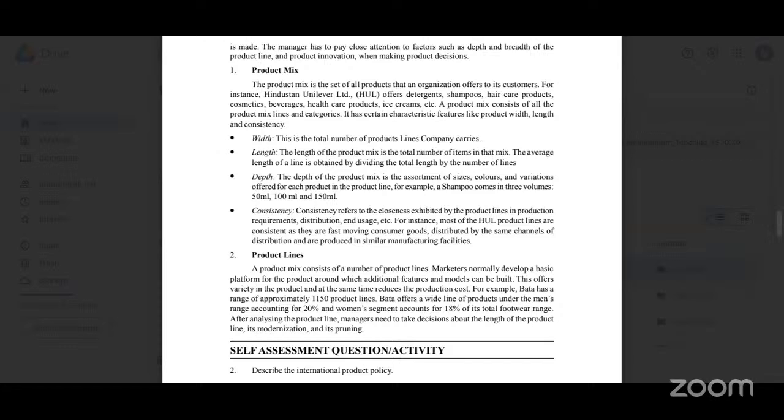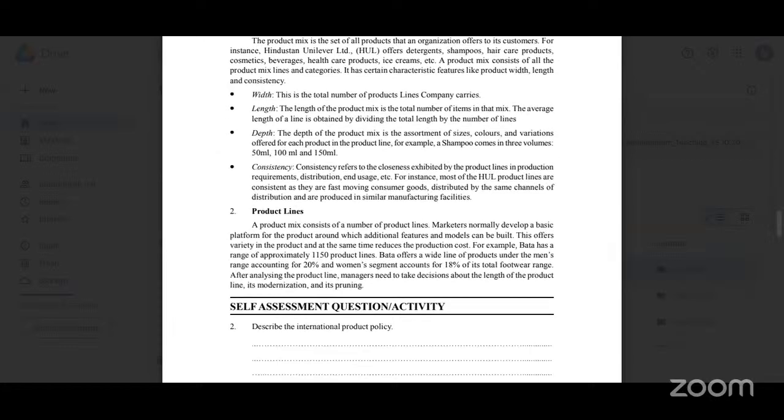The next one is in terms of consistency. Consistency refers to the closeness exhibited by the product lines in production requirements, distribution, end usage, etc. HUL product lines are consistent as they are fast moving consumer goods or FMCGs. They are distributed by the same channels of distribution and are produced in similar manufacturing facilities. That is why there is a lot of consistency in HUL products.